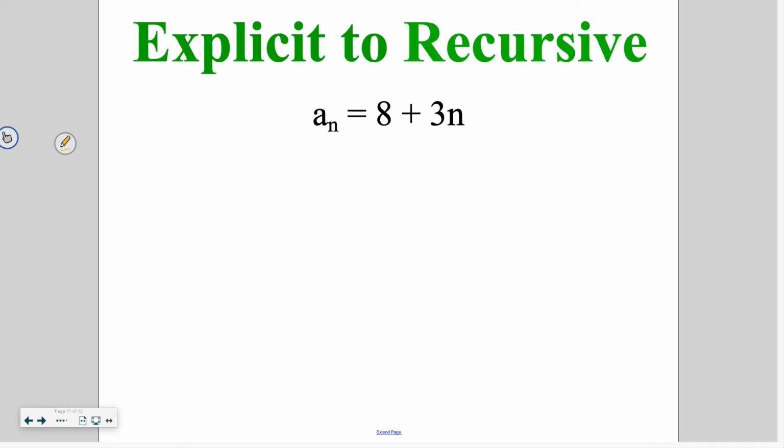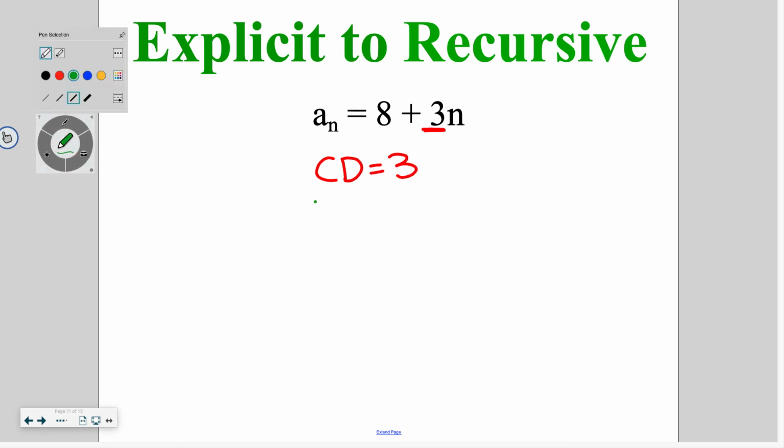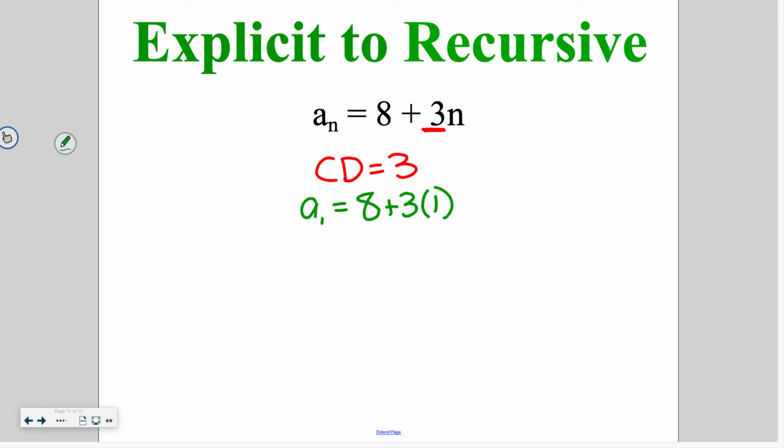Last thing is we want to be able to go from our explicit formula back to our recursive formula. So we need to be able to pick out our common difference. Our common difference is always going to be our value with our variable. So in this case, our common difference is 3. And then we need to find our starting value. So we're going to say a_1 is equal to 8 plus 3 times 1, because I can use this formula to find any term. 3 times 1 is 3, plus 8 is 11.